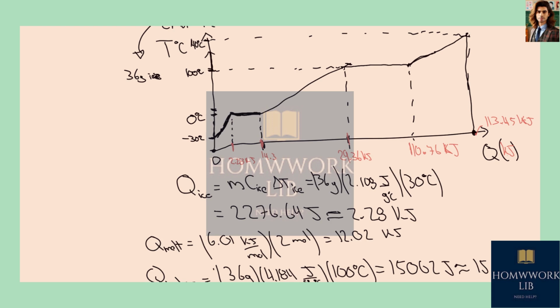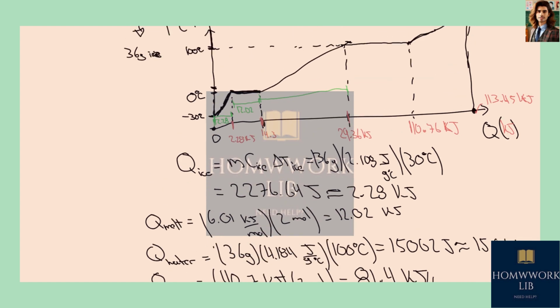Now, just to label the individual sections, the first part over here is going to require 2.28 kilojoules. The next section, corresponding to the melting of the ice, is going to require 12.02 kilojoules. Over here, on this region, we're going to consume 15.06 kilojoules.